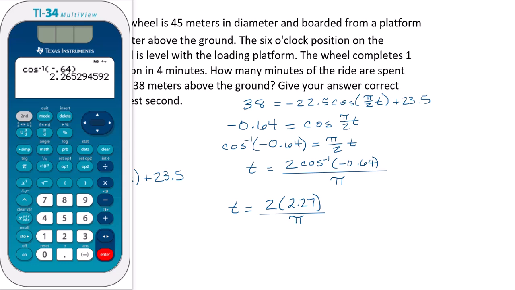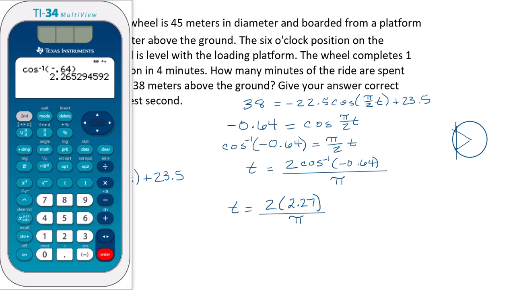Dividing by pi. Now, if you think about the cosine function on the unit circle, 2.27 is about right here, and that's where the cosine is negative 0.64. But that also occurs down here.